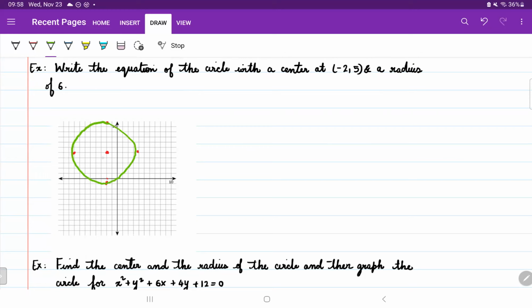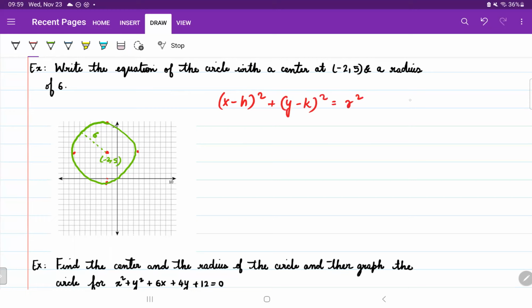So that's our center, which is minus 2, comma 5, and it has a radius of 6. So let us try to write the formula again. Not this, the standard form: x minus h whole square plus y minus k whole square equals r squared.